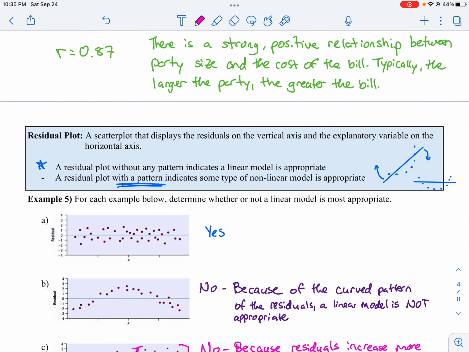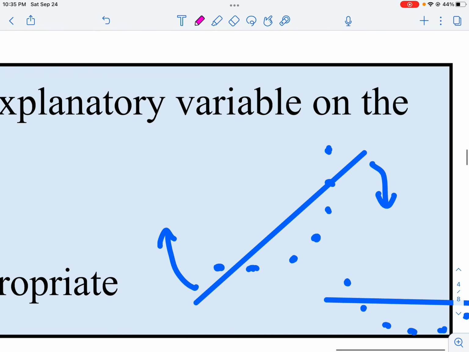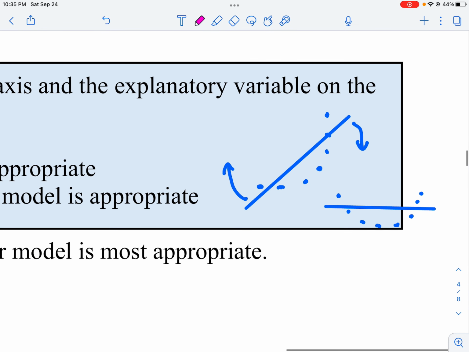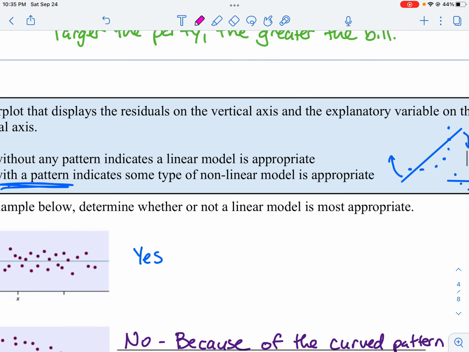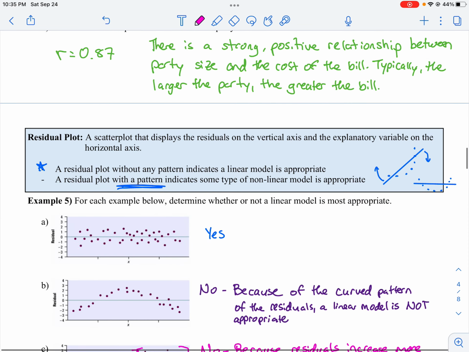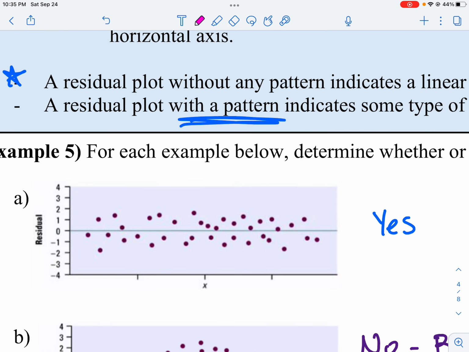So then we had a residual plot. A residual plot is taking the least squares regression line, and as we talked about before, just kind of rotating it so that the regression line is now horizontal, and then the residuals will be above or below. And what we said was if there is no pattern within the residual plot, what that meant was we have linearity, or a linear relationship is appropriate.